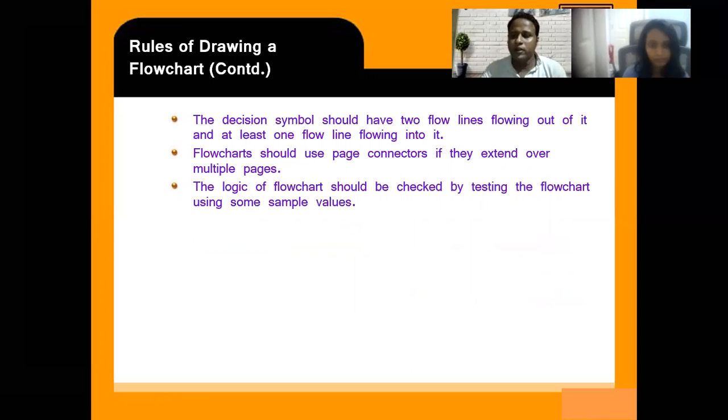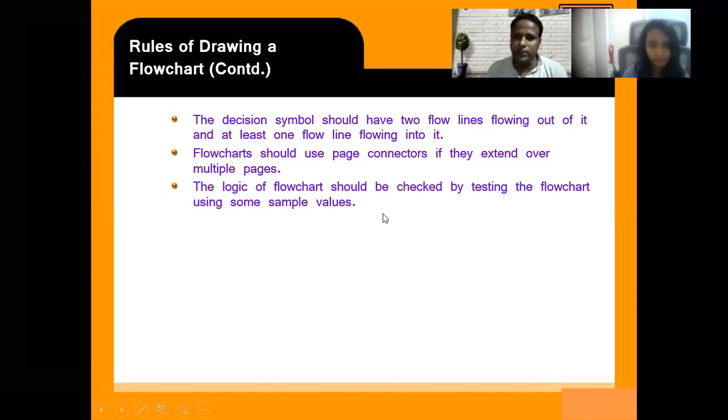Flowchart should have the page connector if it wants to connect to multiple pages. If you want to connect with multiple pages, then we use the page connector. The logic of the flowchart should be checked by using some sample values.